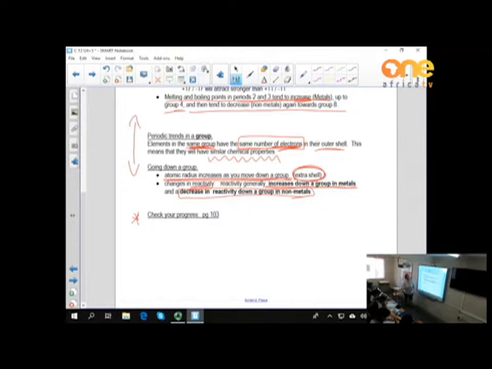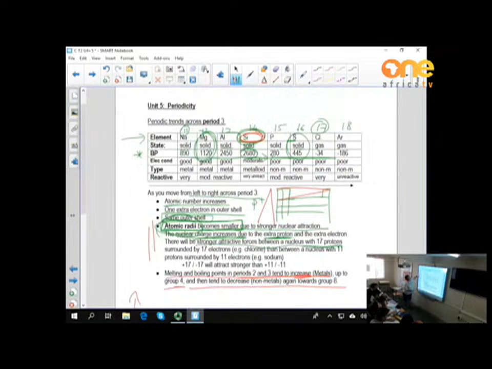Okay? The reactivity among the metals will become more over there, okay? But then from the metal to the non-metal, you'll see the reactivity is suddenly less, and then the reactivity increases again from left to right. All right.